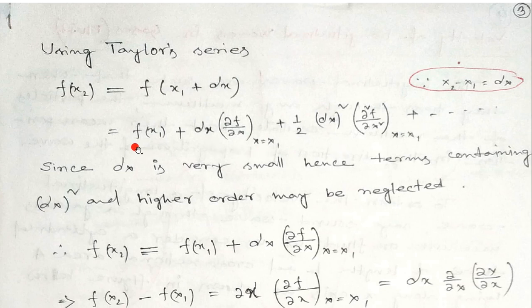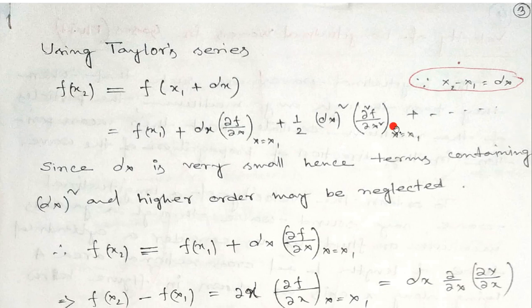So, here we obtain some terms containing delta x of different order. Here delta x to the power 0, delta x to the power 1, delta x square, then we will obtain delta x cube, then another term containing delta x to the power 4, like this.